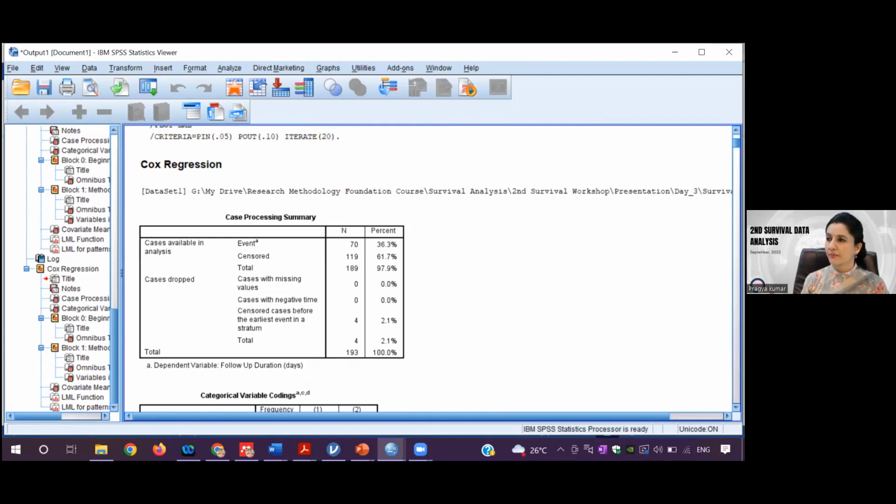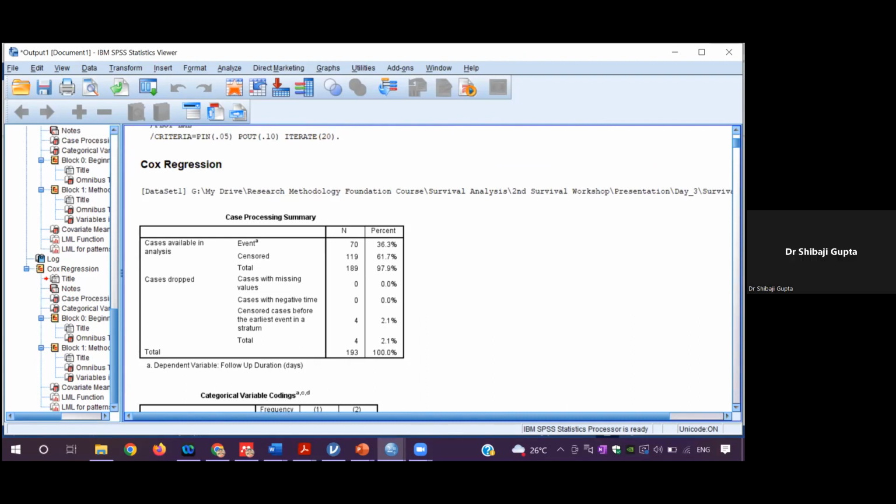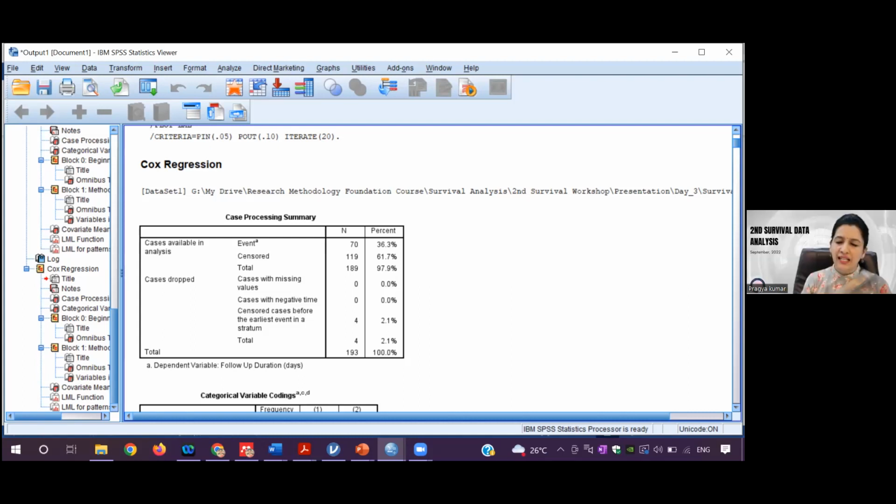Madam, for logistic regression, what we usually do is we do univariate logistic regression for individual variables. So is it necessary over here that we do it for individual variables? Yes. I have deliberately not told you that because in JAMOVI, it gives you both values, unadjusted as well as adjusted.